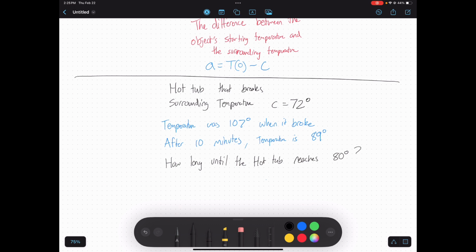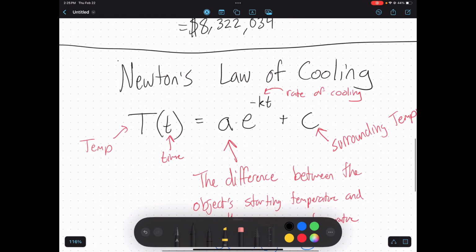I could also ask the question, what will the temperature be after 19 minutes? Okay. Well, if I want to answer these questions, I need to use Newton's law of cooling.